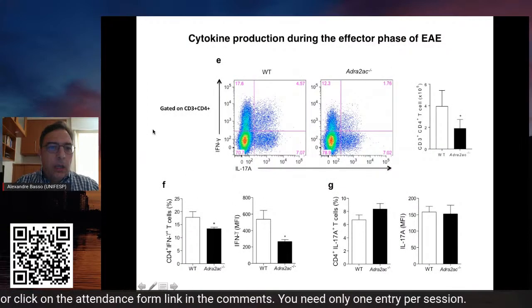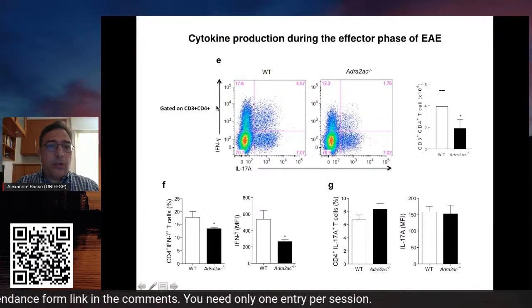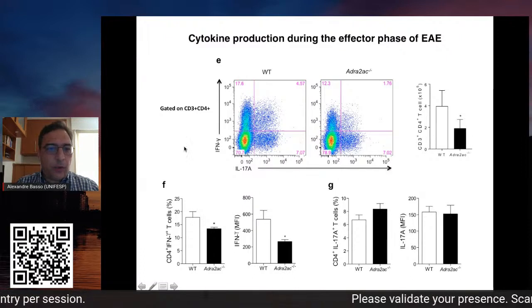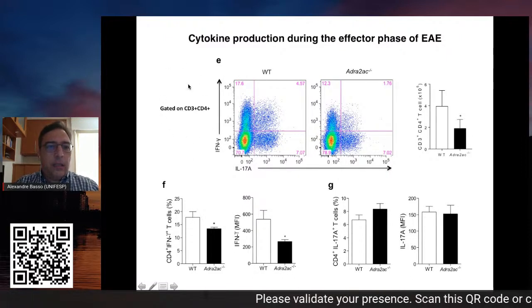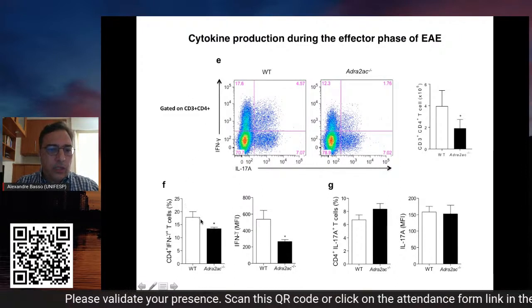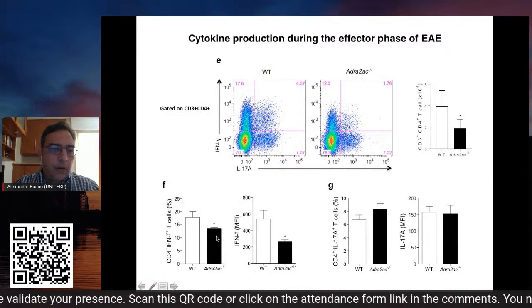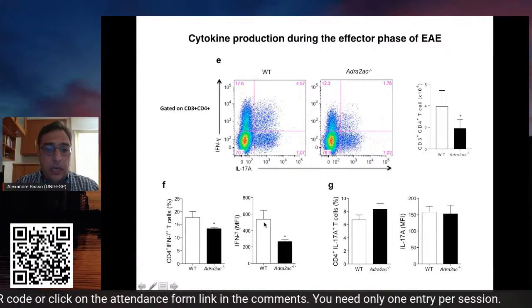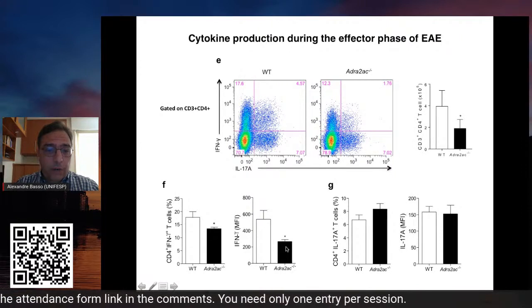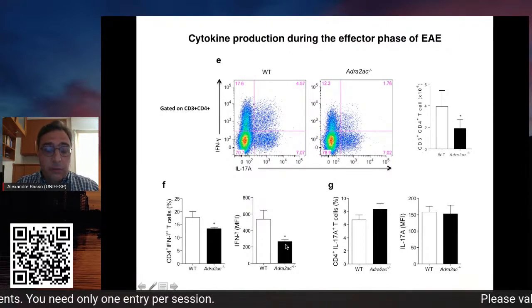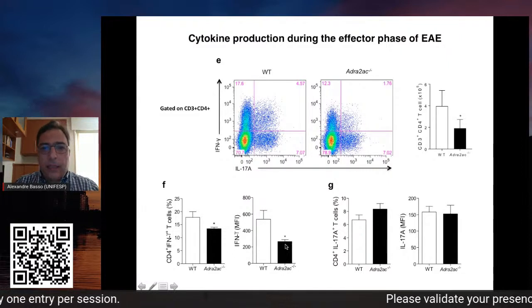And regarding the T cells, so here this is showing interferon gamma and IL-17A expression in CD3, CD4 positive T cells. So we also found a reduction in the frequency of interferon gamma expressing CD4 T cells and a reduction in the expression of interferon gamma by those CD4 T cells infiltrating the CNS at the peak of the disease.